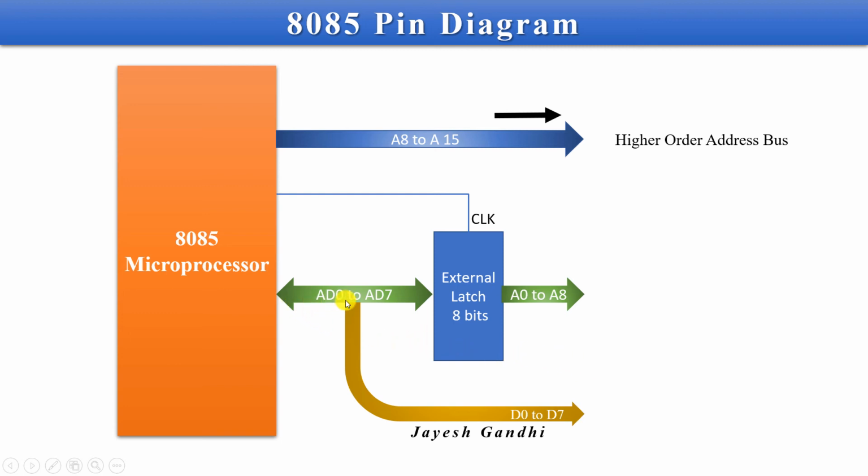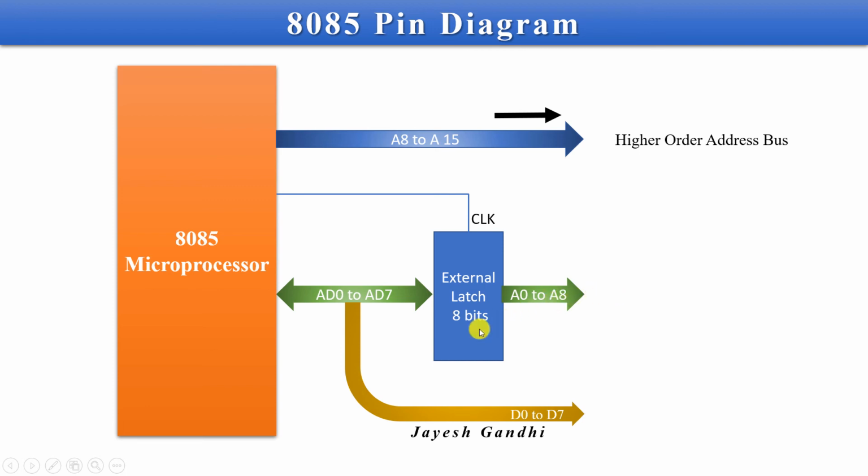The address and the data bus act as input to the external latch, and the clock of the external latch is connected to the ALE signal. So this ALE signal is connected with the clock, and then the output of the latch will act as the lower order address.